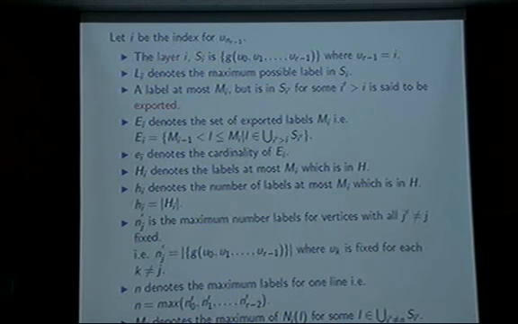And then L_i denotes the maximum possible label in S_i. And M_i is the maximum size of this kind of upper neighbor of some elements. Okay, this should be changed. The exported must come earlier.